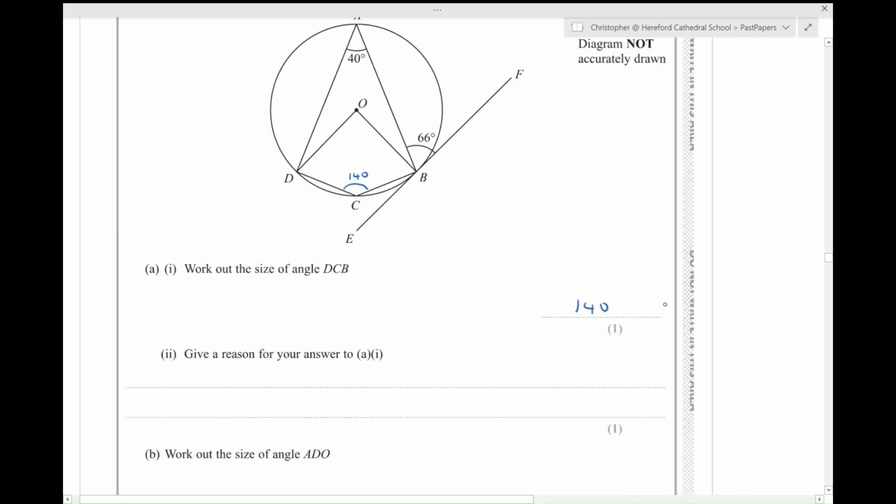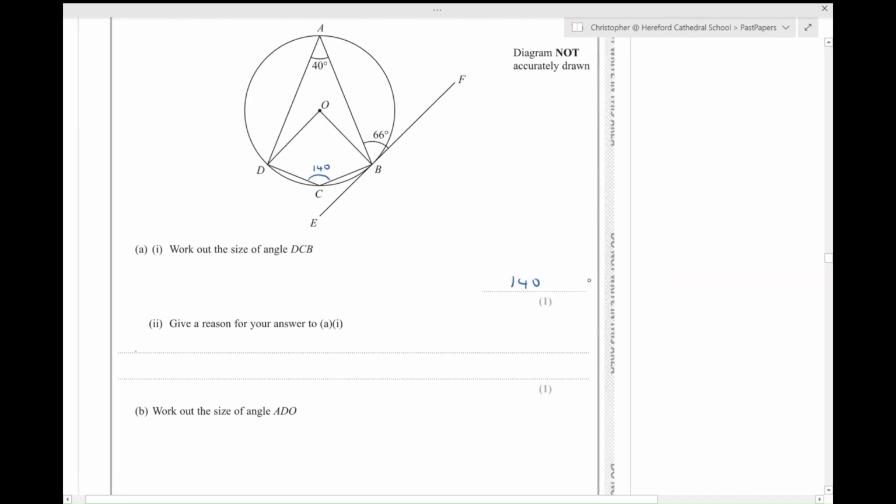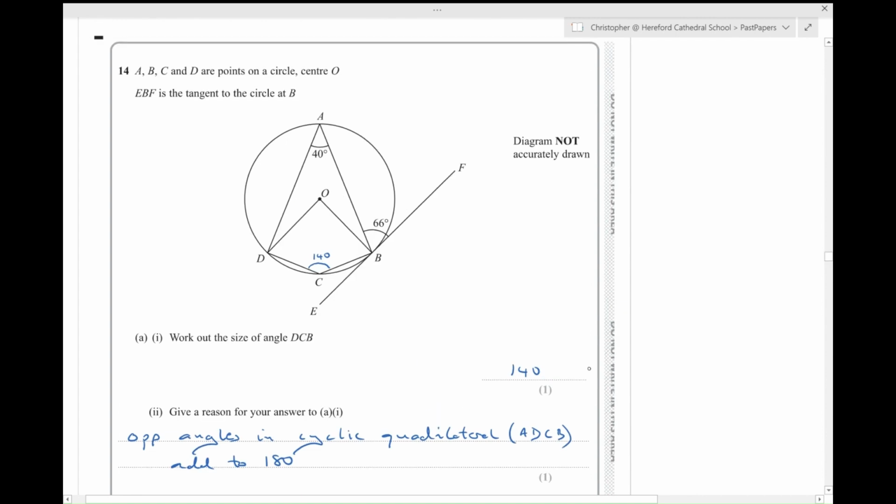And the reason is that opposite angles in a cyclic quadrilateral ADCB add to 180. Work out the size of angle ADO.